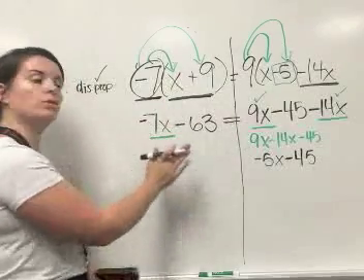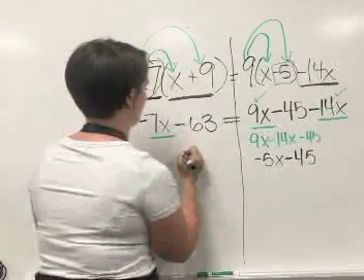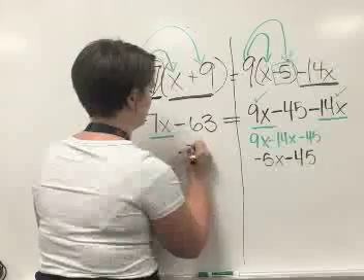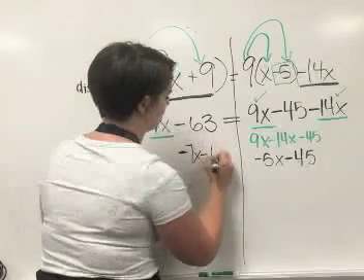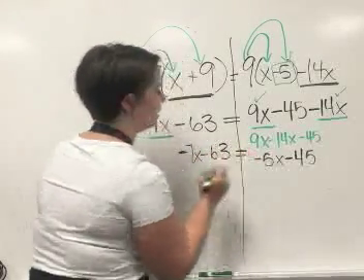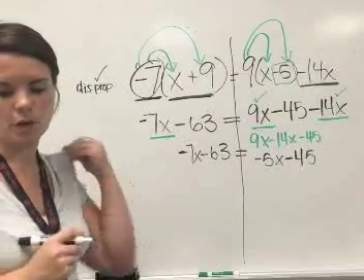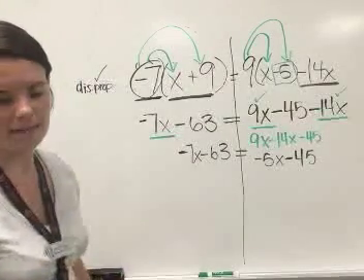This side, we didn't do anything to, so it stays exactly the same. Negative 7x minus 63. Equal sign stays the same. Okay, next step.